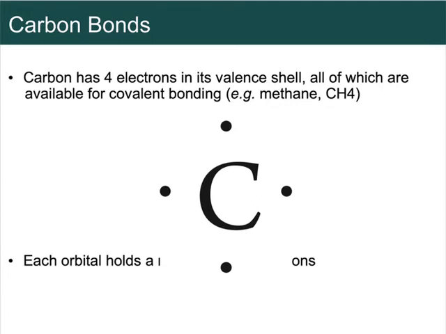So it's really easy for a hydrogen to come along, and another hydrogen here, and another here, and then another here, and we end up making methane, right? It's cool because it can form up to 4 bonds. Now it can do double bonds, which we'll talk about later, where it'll have fewer things that bond with it, but it's twice as strong as a bond. Well, I don't know if it's exactly twice as strong, but it's a double bond.